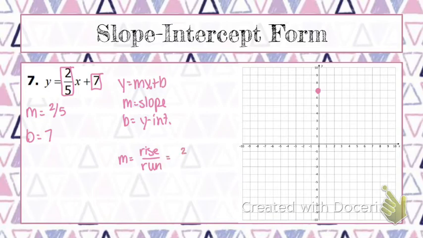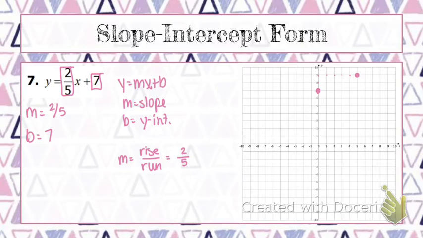And we have 2/5. So from our point on the graph, if we rise 2, so 1, 2, and run 5, 1, 2, 3, 4, 5, and put a dot there, that's going to be the next spot on our line.